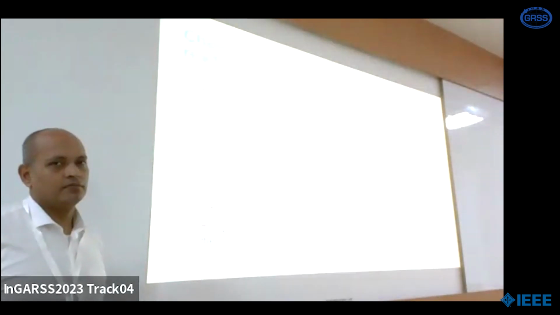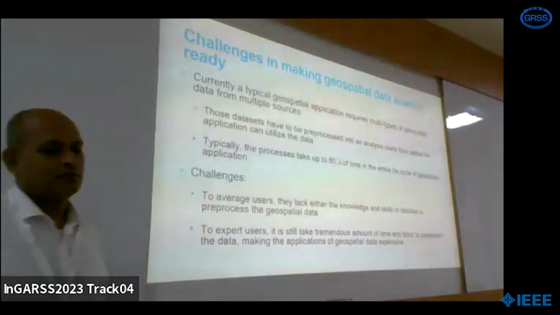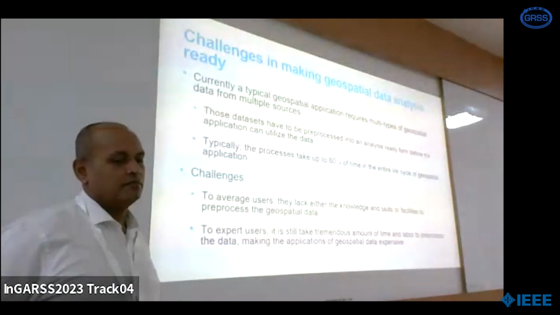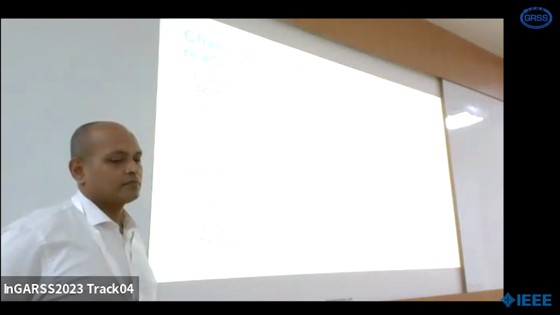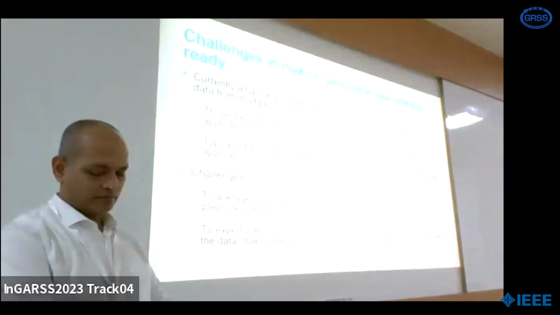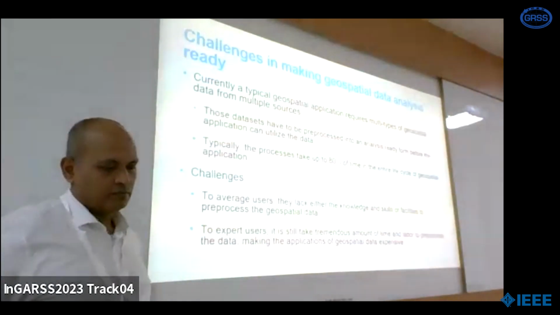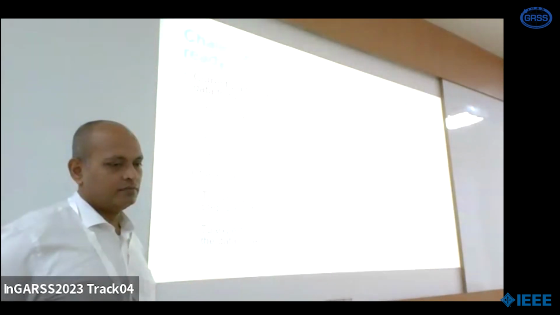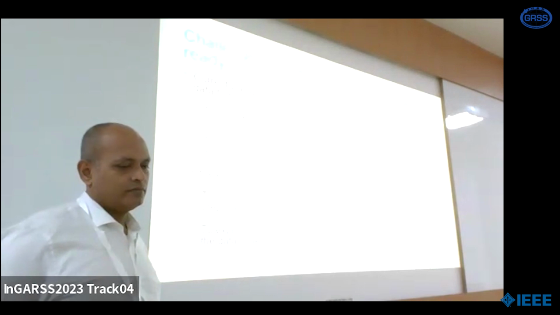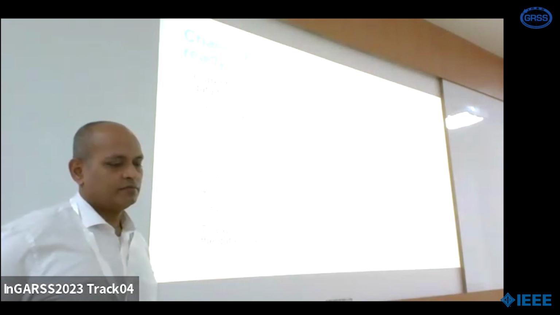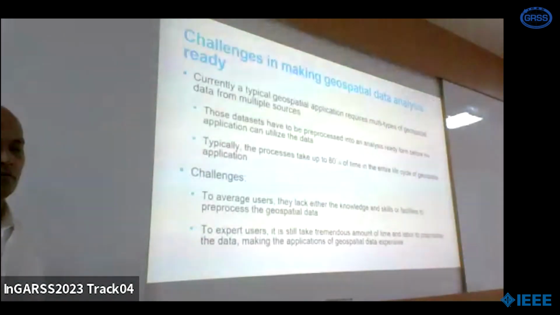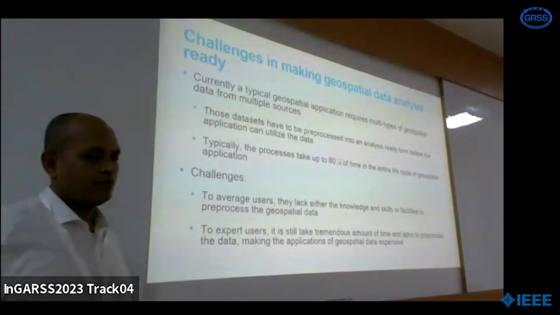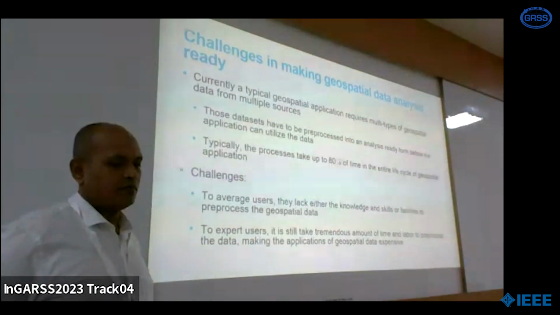Typically, such pre-processing takes up to 80% of the time in the entire life cycle of a geospatial application. So this is a huge amount of energy and effort needed to pre-process data into so-called analysis ready form, so that it can be ingested by analysis software packages.